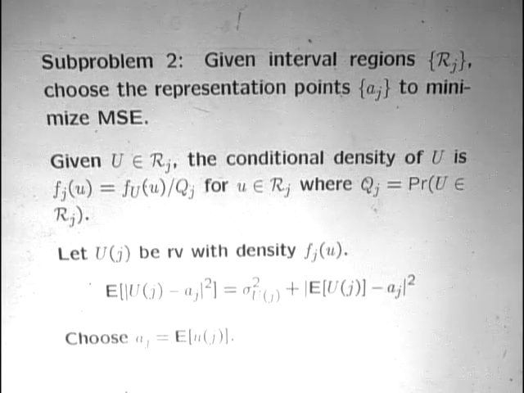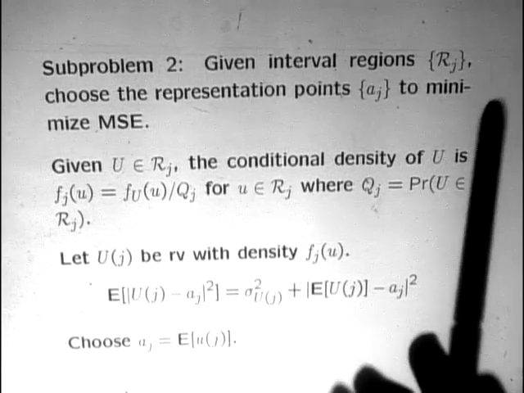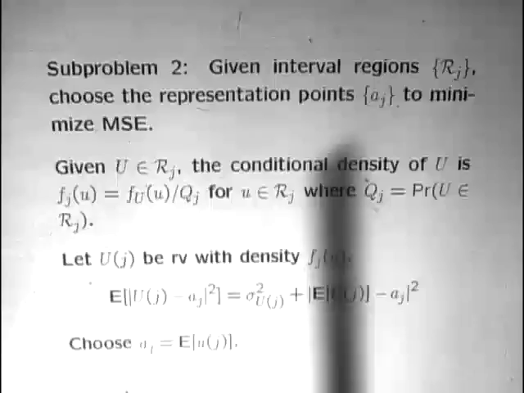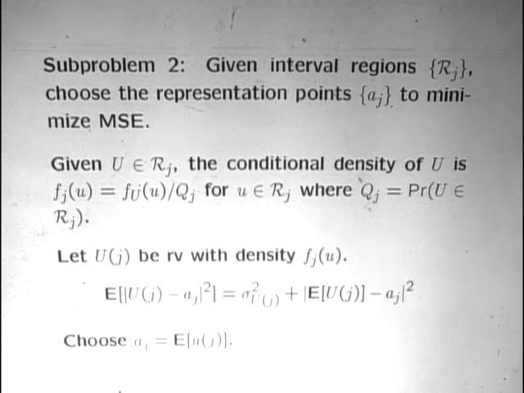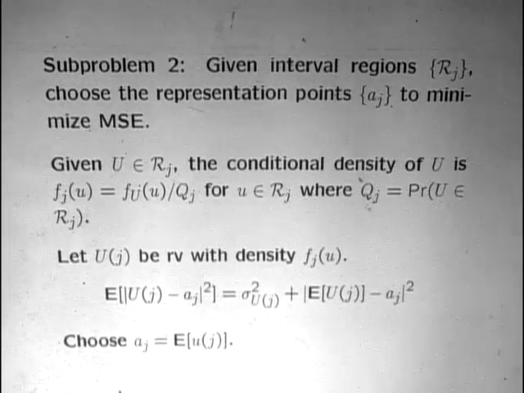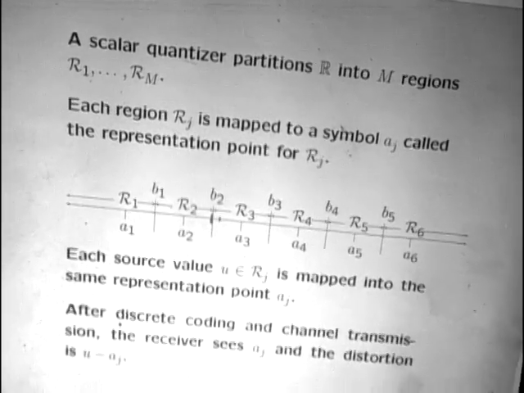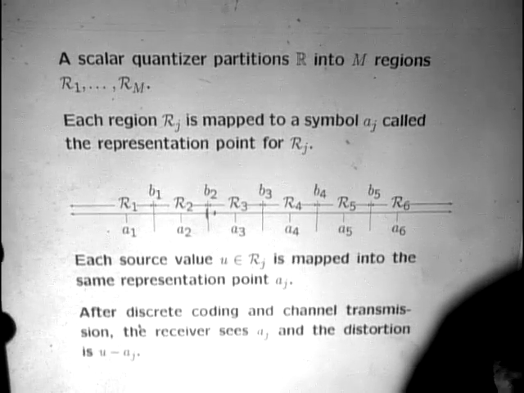Suppose then that somebody gives you the interval regions and asks you, okay, if I give you these interval regions, how are you going to choose the representation points to minimize the mean squared error? And analytically, that's harder. But conceptually, it's just about as easy. And let's look at it and see if we can understand it.